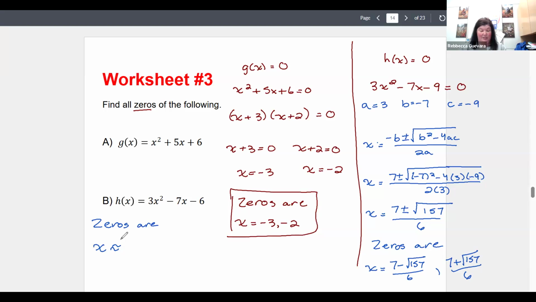Or if I want to get an approximation, that's approximately negative 0.92 and approximately 3.25.